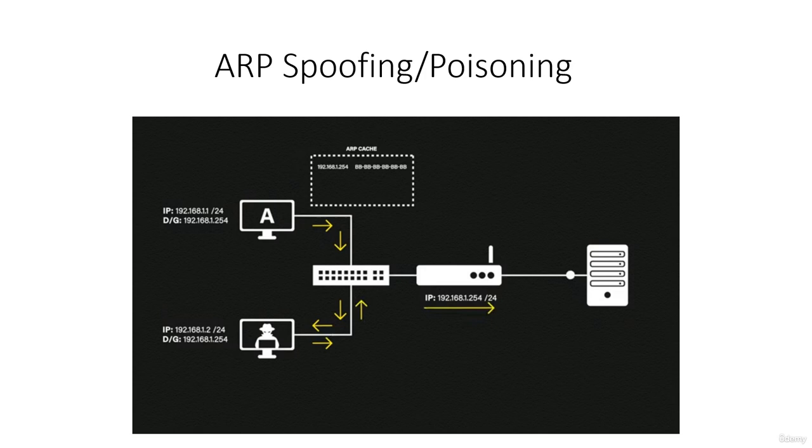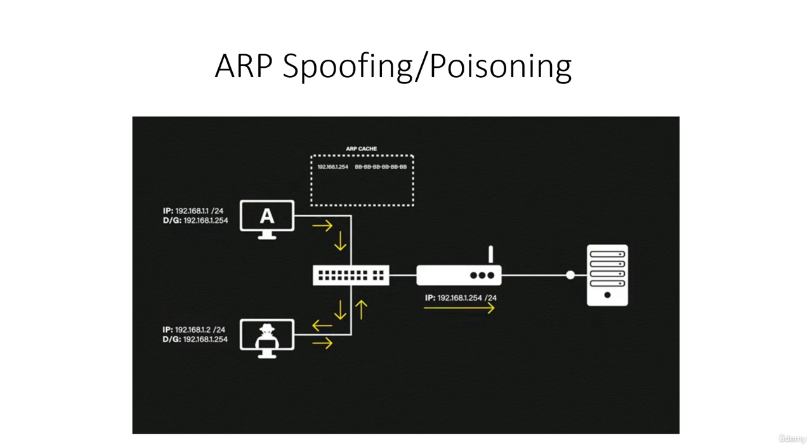The main intention is to associate the attacker's MAC address with the IP address of another host, such as the default gateway, causing any traffic meant for that IP address to be sent to the attacker instead. It allows the attacker to modify traffic and intercept data frames, leading to a common attacking technique called a man-in-the-middle attack.